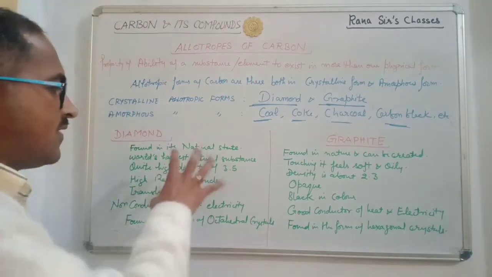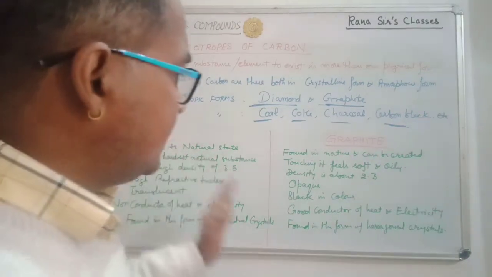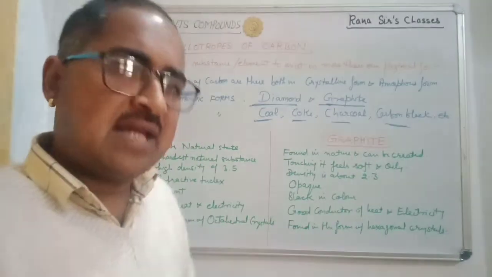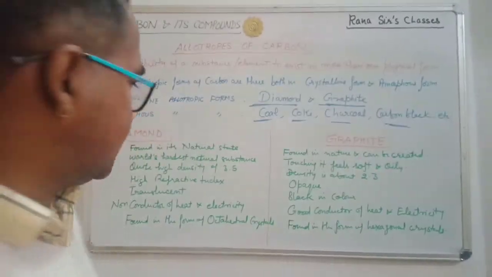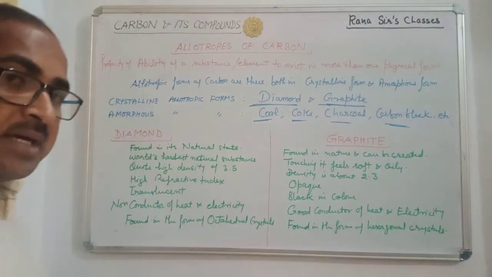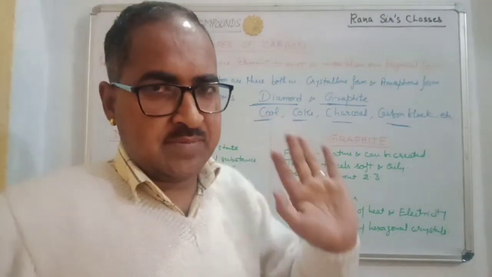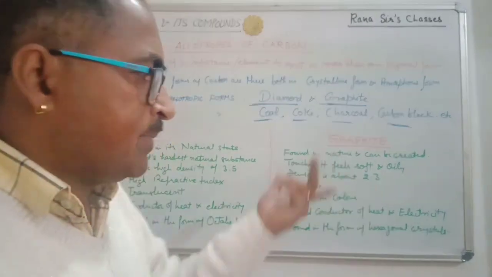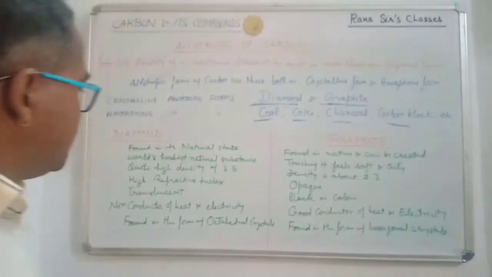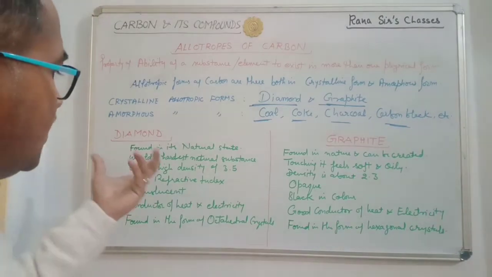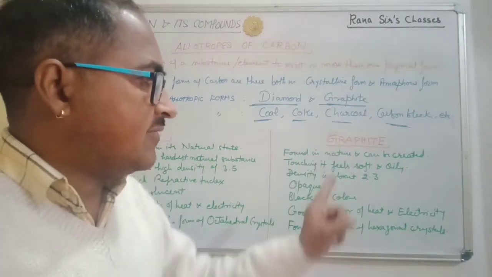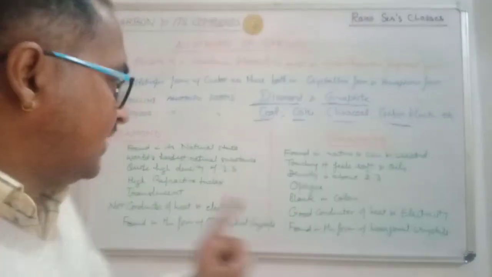Diamonds are found in nature in their natural state, and graphite is found in nature itself and can be created also. Diamond is the world's hardest known substance, and graphite feels soft and oily. You might know it practically. The density of diamond is 3.5, but that of graphite is 2.3.